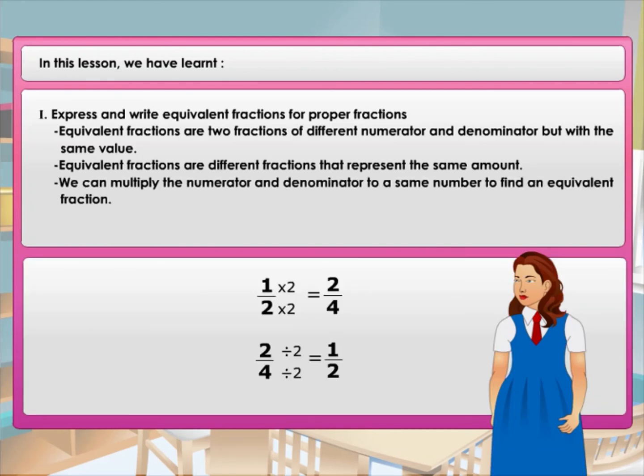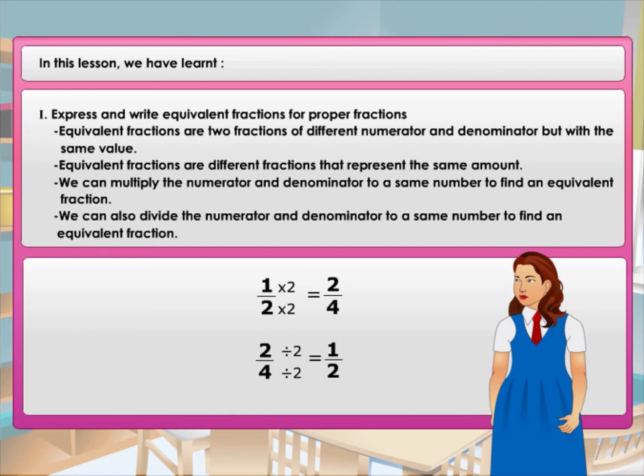We can multiply the numerator and denominator by the same number to find an equivalent fraction. We can also divide the numerator and denominator by the same number to find an equivalent fraction. 1 times 2 over 2 times 2 equals 2 over 4. 2 divided by 2 over 4 divided by 2 equals 1 over 2.